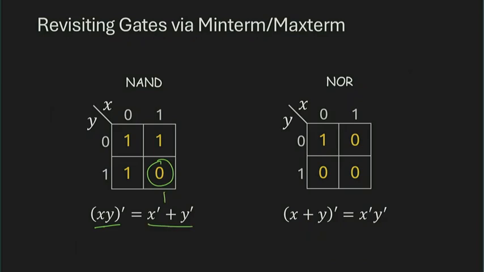So the sum term is the same as the maxterm at 1, 1. Right? For NOR, again, that's the complement of OR. And when you apply De Morgan, x prime, y prime, this product is exactly the minterm at 0, 0. Which means these gates do make sense in terms of the minterm maxterm look versus their functional definition.